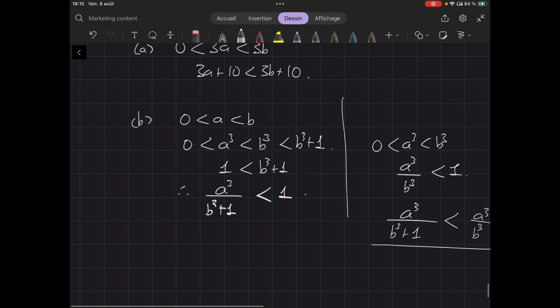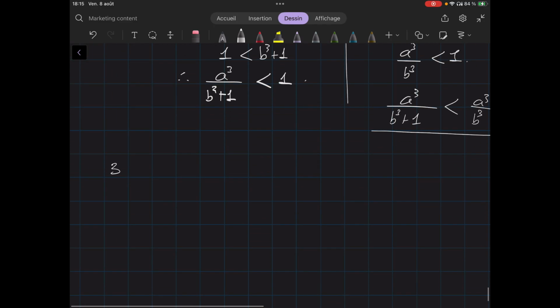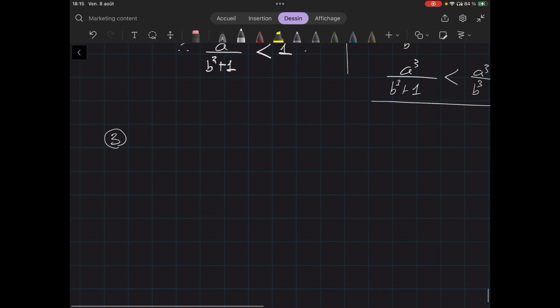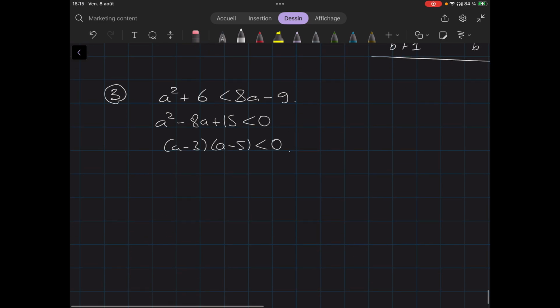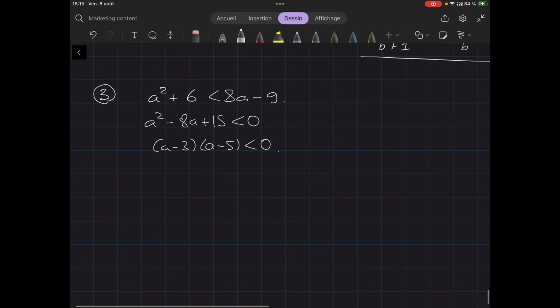Question 3. We want to solve the inequality. Moving everything to one side, factorize, and solve. We want to find the interval of a so that the quadratic is less than 0.